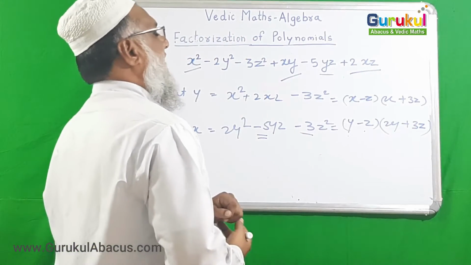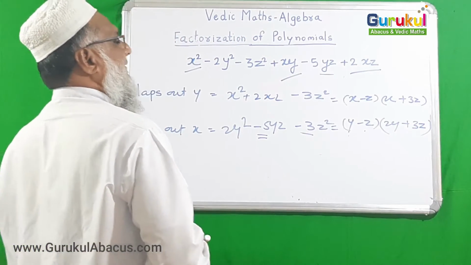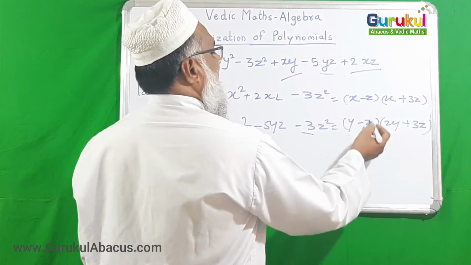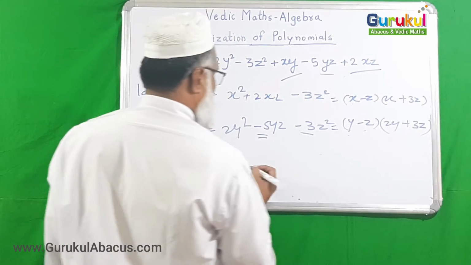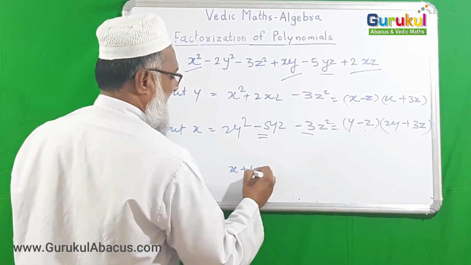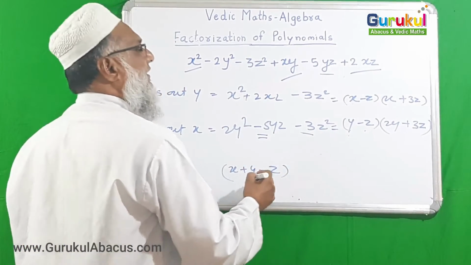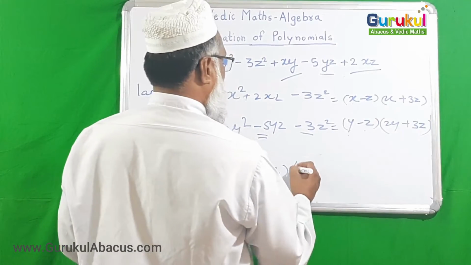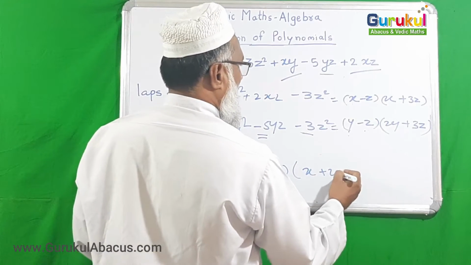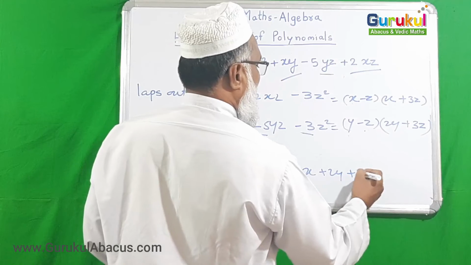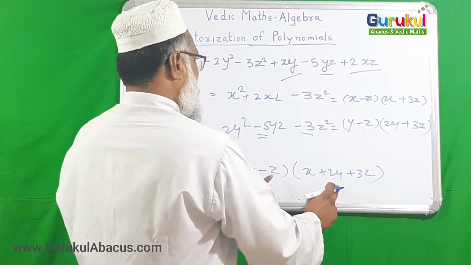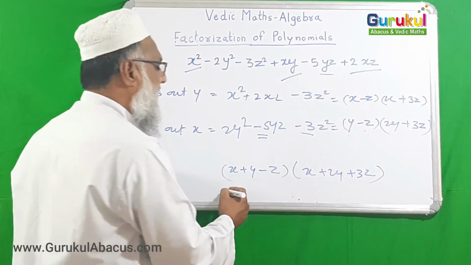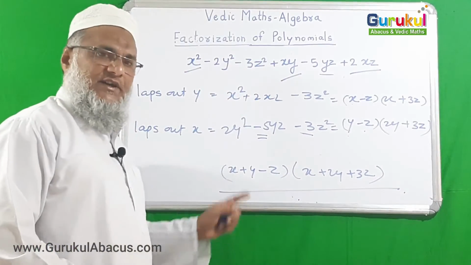Now we are finding z is common here, x plus y minus z, first one, x plus y minus z. Okay, now here also x plus 2y plus 3z. With that sequence, x, x, y, y, z, z, in that sequence we take, this is our answer. In that way we can solve.